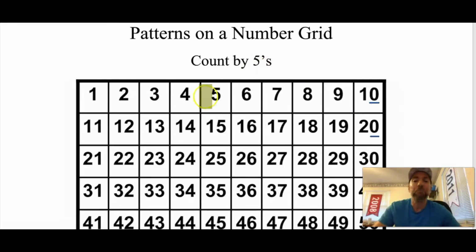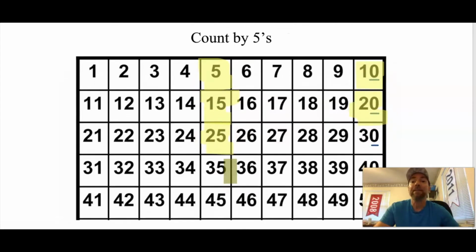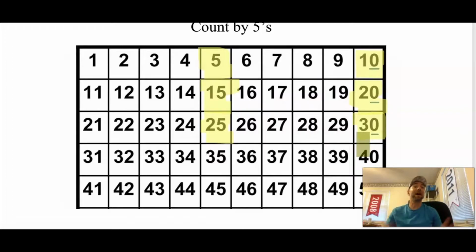So 0, 5, 10, 15, 20, 25, 30. All right, I want you to keep going. See if you've discovered a pattern as you count by fives and circle all of those numbers. I'm going to do the same on my number grid.